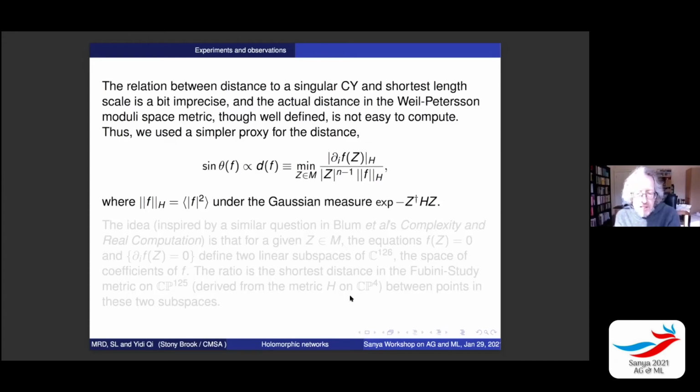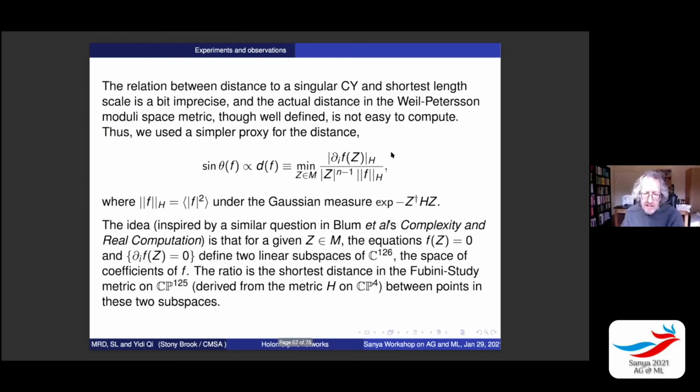Now, of course, the actual metric, the Weil-Petersson metric on the moduli space, is extremely difficult to compute, but there is this nice proxy which becomes good as you get closer to the singularity, which is basically the distance in the Fubini-Study metric on CP^125, the space in which the moduli space sits. We have this explicit description of the moduli space in terms of the coefficients of the defining polynomial.